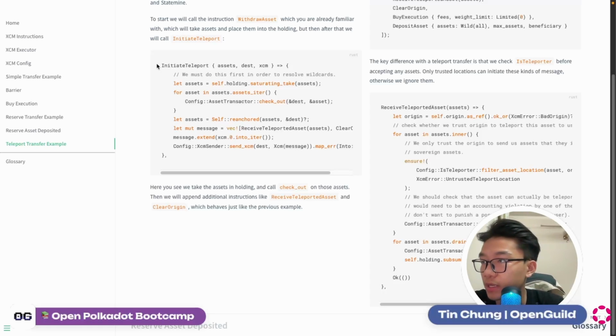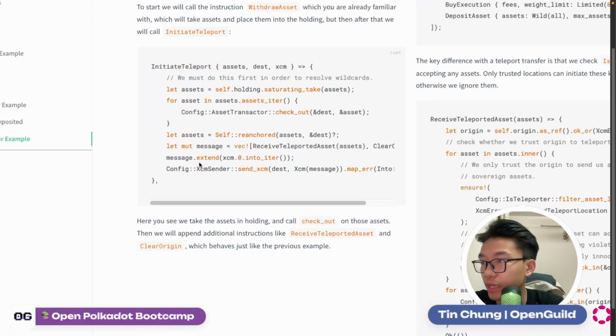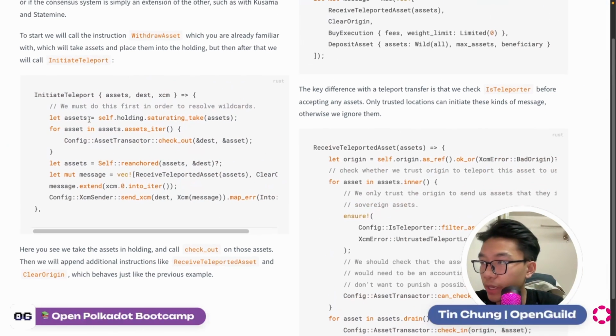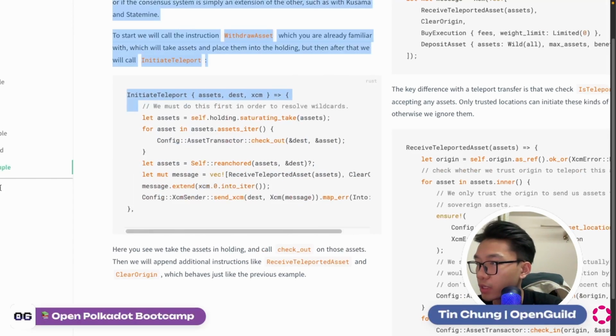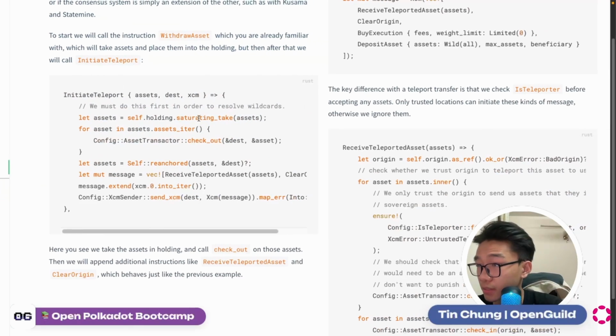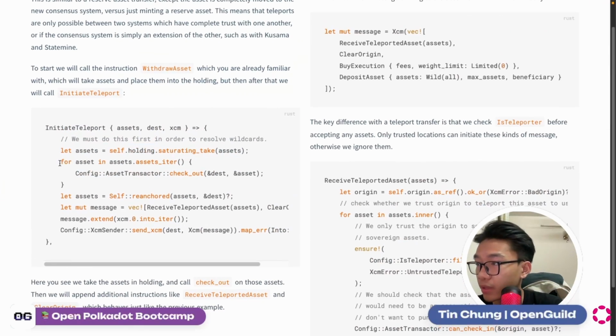Taking a look at the code of the teleport asset. In the process instruction method of the XCM executor that we already visited in, I think, the last two videos, here's the code of the initiate teleport. You can see it right here. This takes the asset from the holding register, and then we iterate over all the assets and check out.